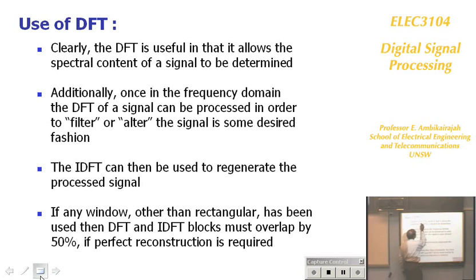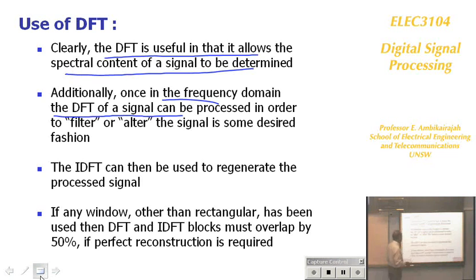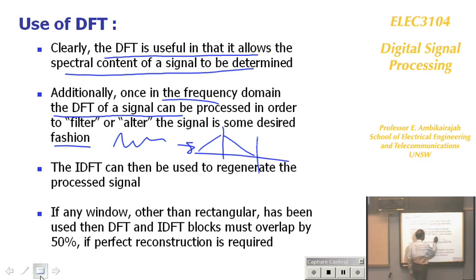Clearly, DFT is useful and allows the spectral content of the signal to be determined. Additionally, once in the frequency domain, the DFT signal can be processed in order to alter the signal in a desired fashion. So if I have a signal here and take an FFT or DFT, I get just the magnitude spectrum, these are the values I got.